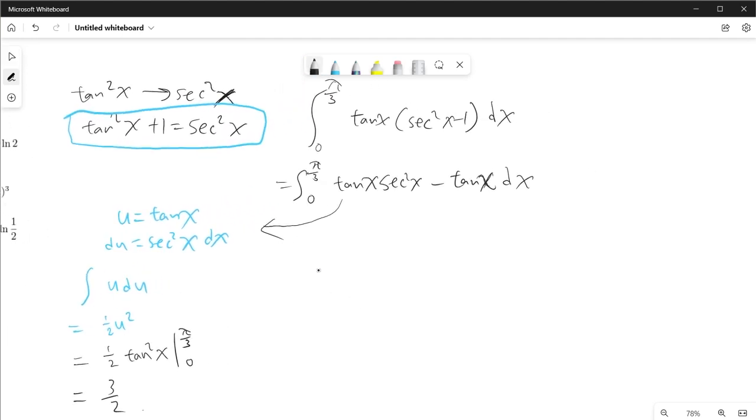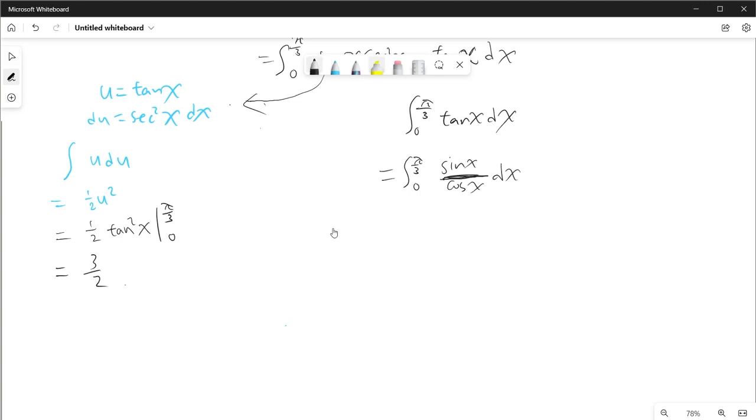Then for the other part, I have the integral of tangent x dx. I will split this so it's sine x over cosine x dx. From here, I can use u sub with u equal to the denominator, cosine x, then du will conveniently be negative sine x dx. In that case, I can replace the top part.